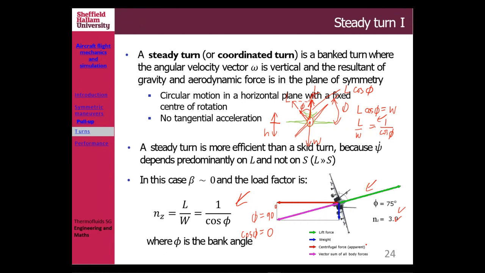But when you bank your aircraft 60 degrees, you double that G force, and you feel like you sink into your seat with more than the weight of your body, right? So that is the connection between the bank angle and the G force, or the load factor, from that equation there.